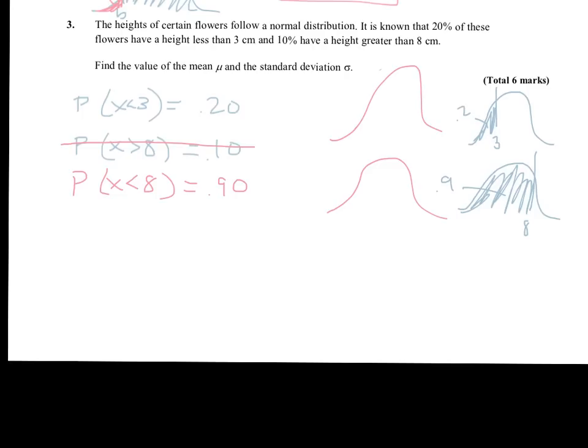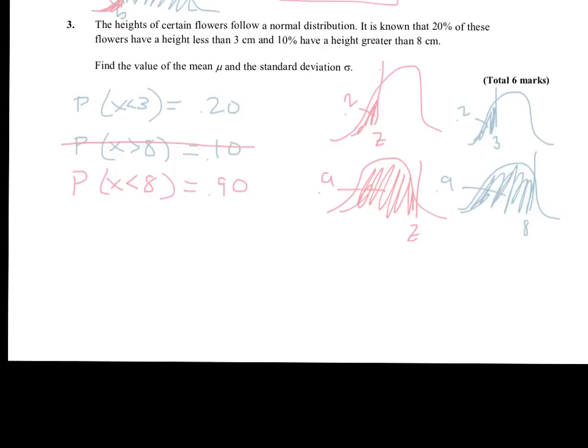Okay, so standardized normal curve. We have some boundary z where the area to the left of it is 0.2. And you have another boundary z where the area to the left of it is 0.9. Okay, notice that these 2 standardized normal curves correspond to our other normal curves.